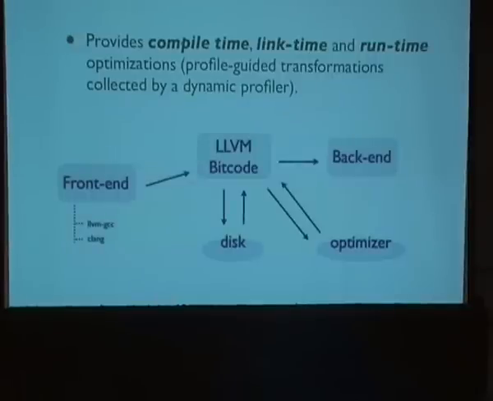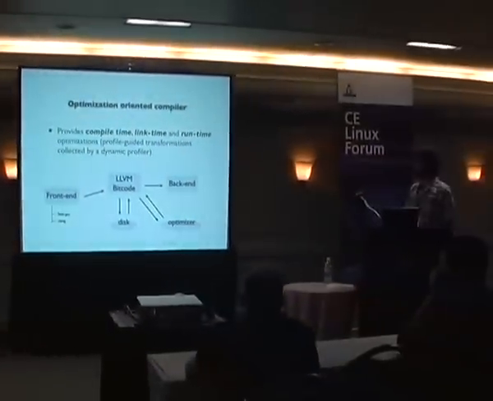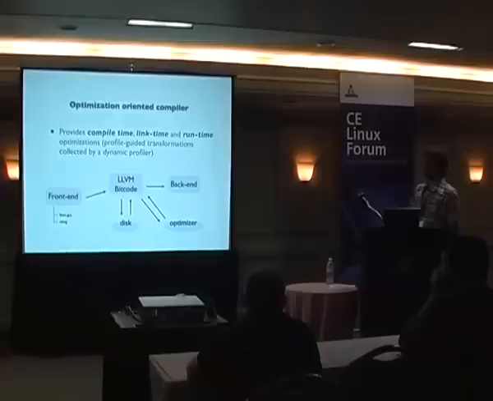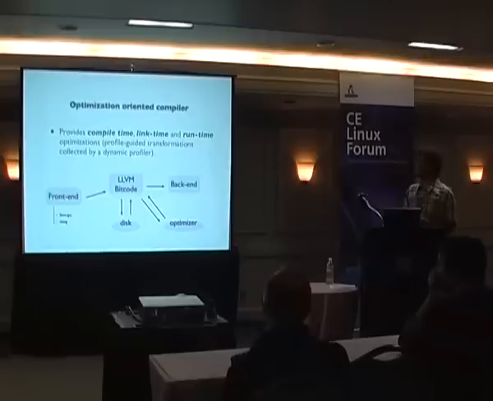Okay, LLVM is an optimization-oriented compiler. We say that because it provides optimizations for compile time, link time, and run time. Compile time is like we know in GCC. It's driven by the options O1, O2, O3. It maps all the optimizations it has in LLVM to the optimizations GCC has.